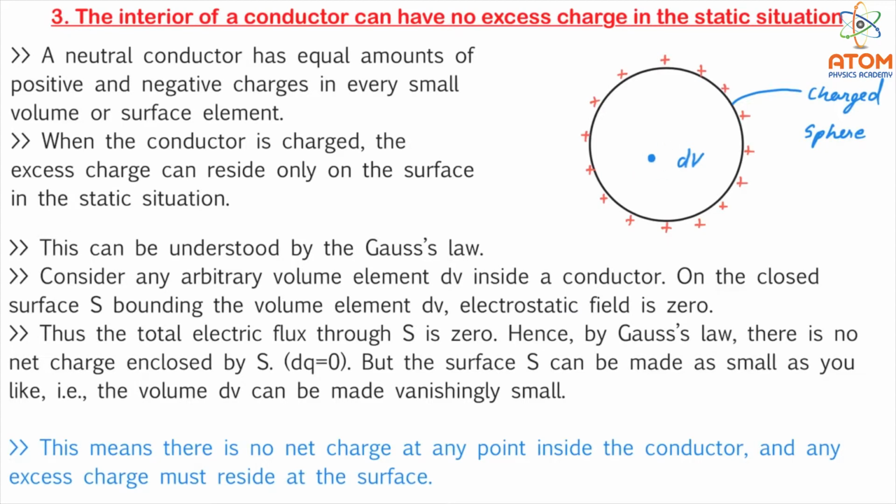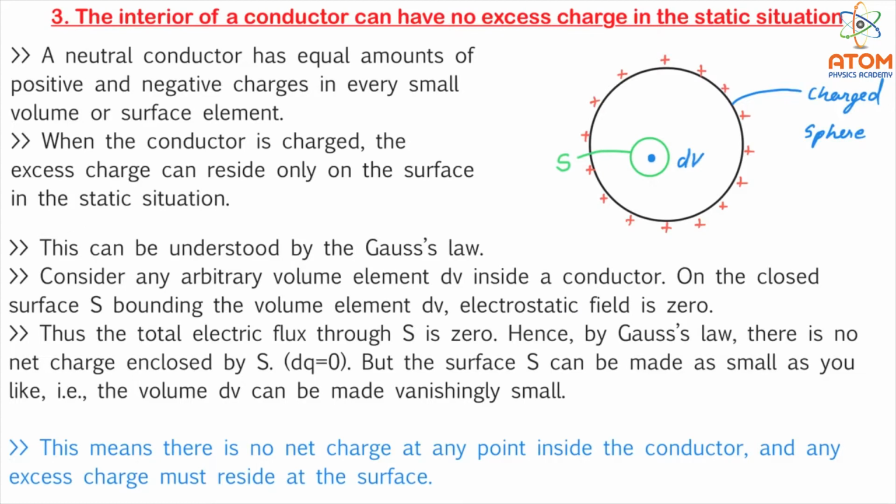Now if I take a small Gaussian surface, here it is, and let us name the surface area as S, surrounding this small dV element, then because on this surface everywhere the electric field is 0, as per the Gaussian equation the charge also will be 0. Charge enclosed by this Gaussian surface will be 0.